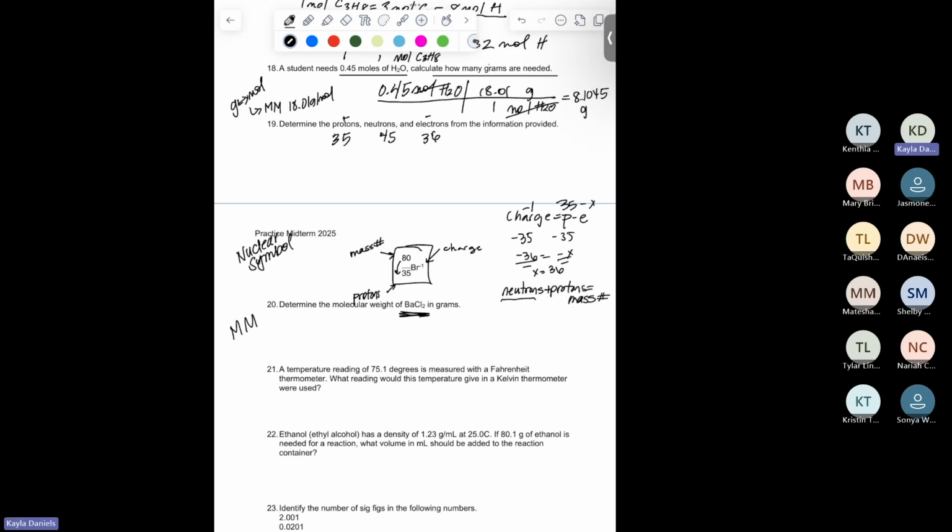To calculate this, we find the molecular weight of just barium and then just chlorine. We multiply what we get for chlorine times 2 because we have a little 2 out here. Then we add up the total molecular weight or molar mass. Those mean the same thing.